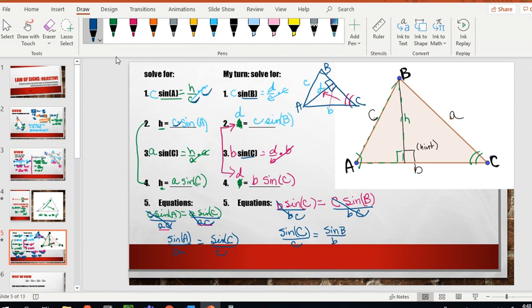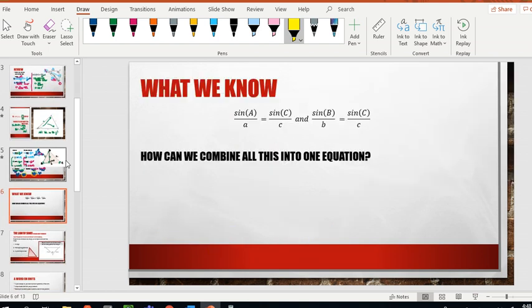All right, do you see how what we ended up with right here and right here match each other? I'm going to rewrite this on the next page. Okay, this is everything we just figured out, and I want to combine all of this at once.